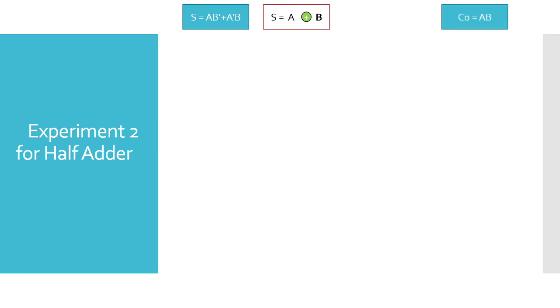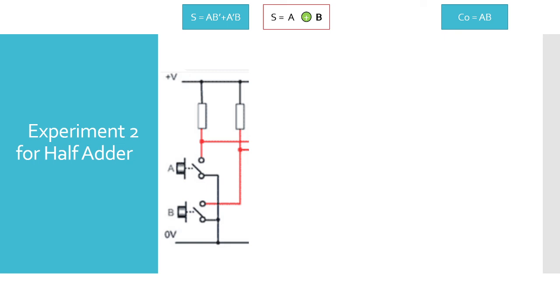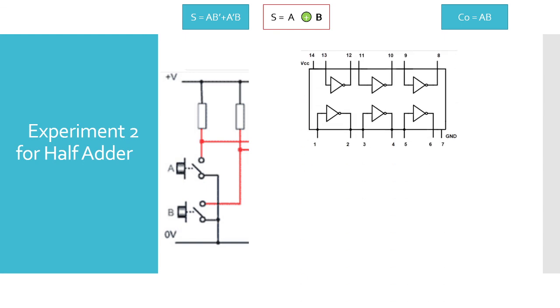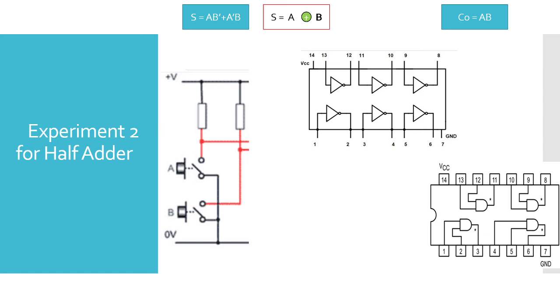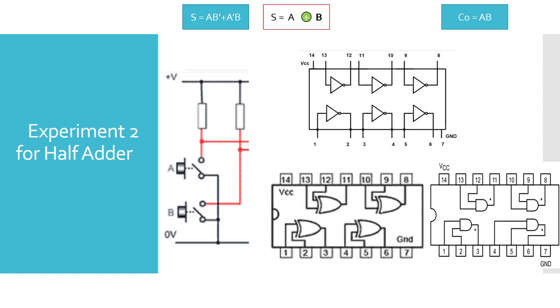So this is the second experiment. Again you require A and B. You will use a push button to give 0 and 1, and here you need the XOR gate, and you need an AND gate for C0 implementation.